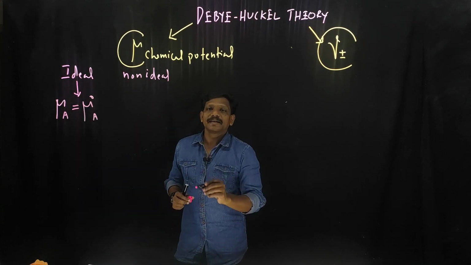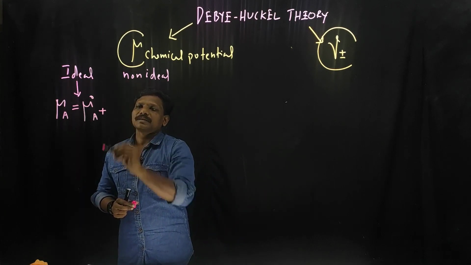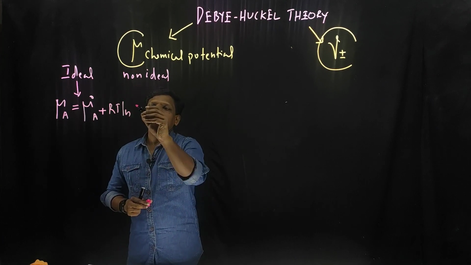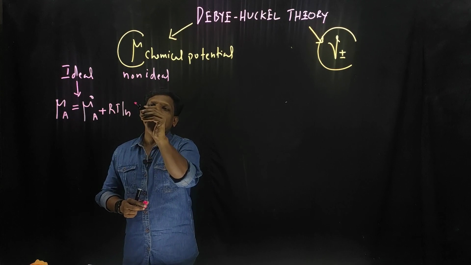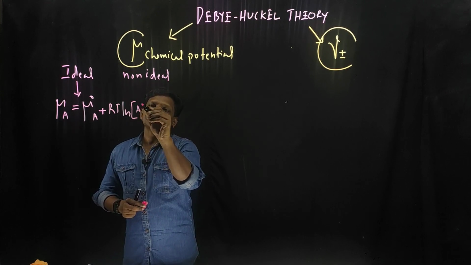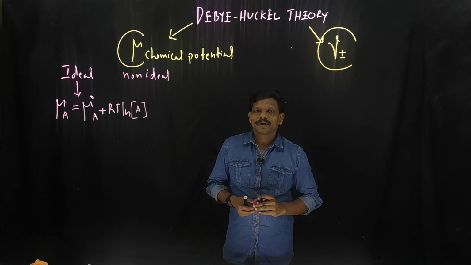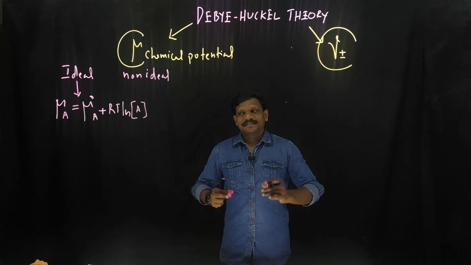Mu 0 A is the standard chemical potential, plus RT ln, and I am just taking the concentration of A. That is the ideal case.